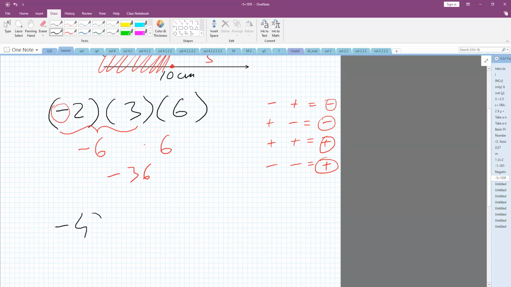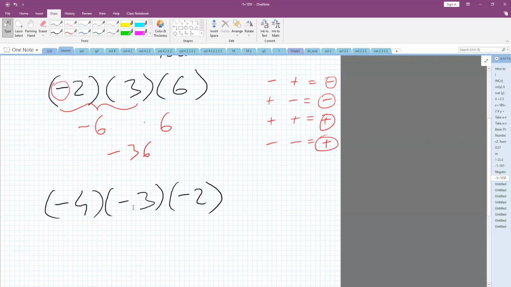Negative 4 times negative 3 times negative 2. Negative 14. Be careful. Let's calculate correctly. What is negative 4 times negative 3?